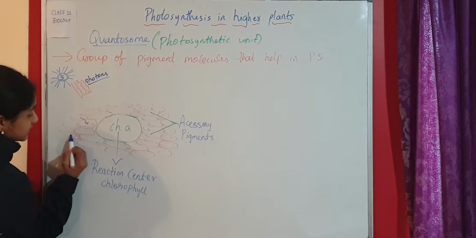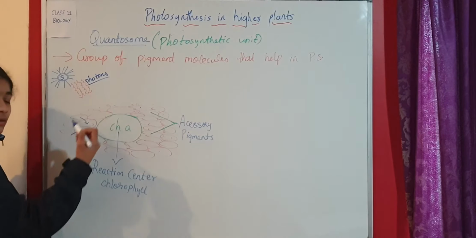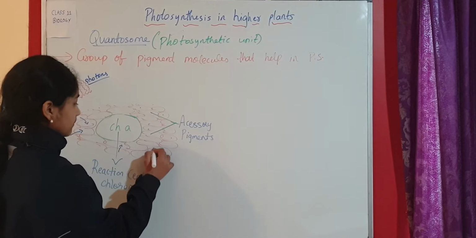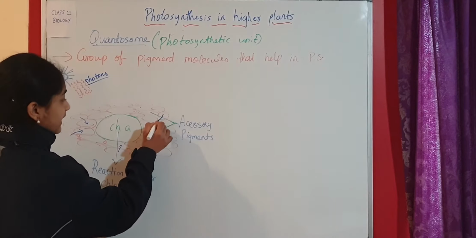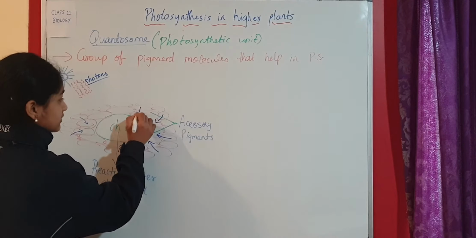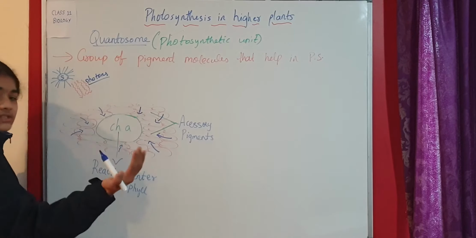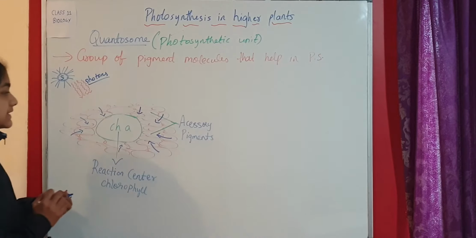So the same thing here as well. This molecule has the energy and it's going to pass that energy to the front molecule. Same here as well. It's going to pass the light energy or the heat energy to the molecule which is present just near it, inwards. Okay. So this is how it works.